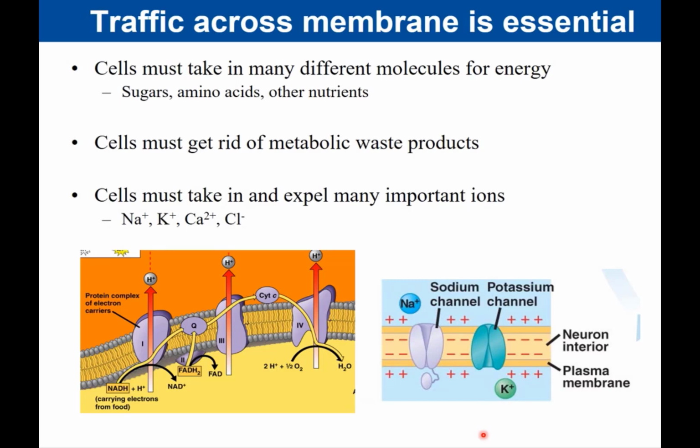And the way that these ions move is through these sodium or potassium channels. And all an action potential or a neuron firing really is a change in voltage, which is a result of a change in the ion distribution across the cell membrane. And so being able to move these ions is essential.